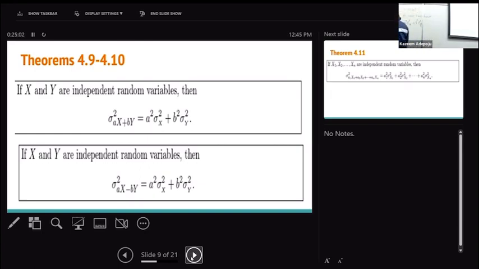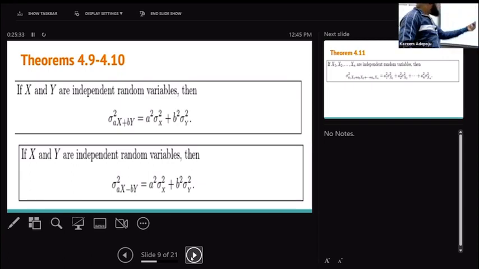The covariance of X and Y is the expected value of XY minus the expected value of X times the expected value of Y. When these are equal, what happens to the covariance? That will be 0. When the covariance equals 0, we know what that means? A relationship does not exist between X and Y. They don't depend on each other. That's what it means.